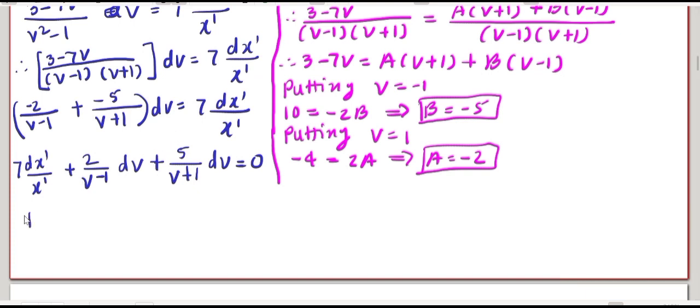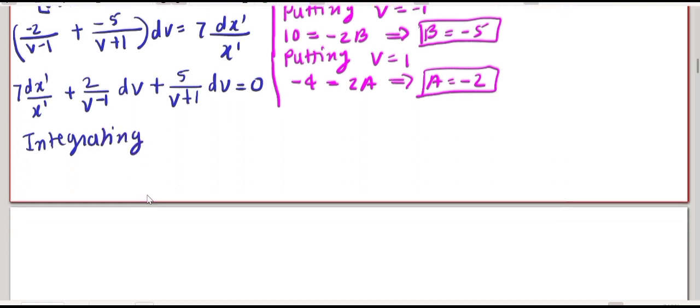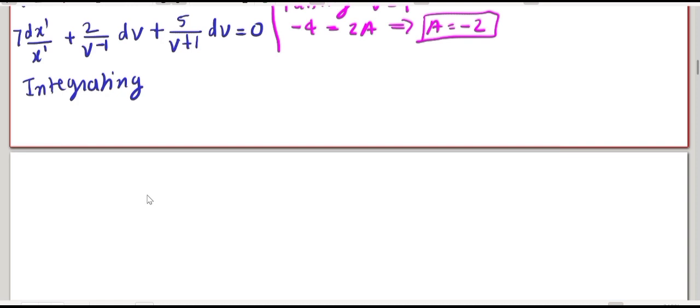Now integrating, after integration we get the values. For dx'/x', the value is log x'; the value of this is log (v - 1), and the value of this is log of (v + 1) into 5.